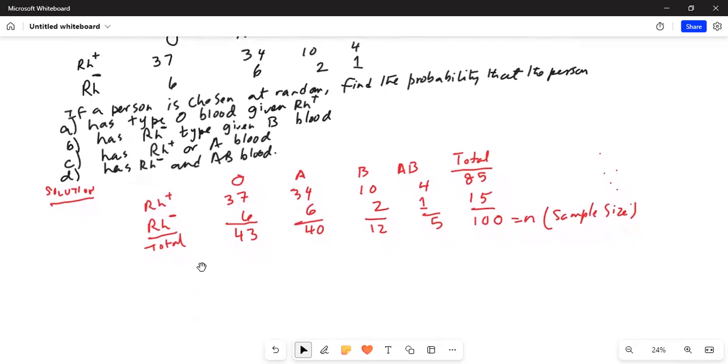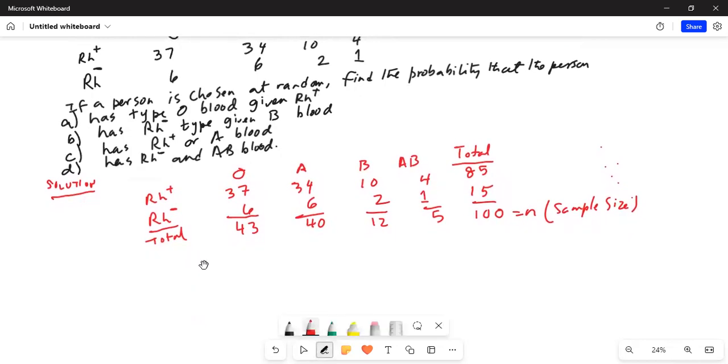The problem says if a person is chosen at random, find the probability that the person has type O blood given Rh plus. So part A, probability of type O blood given, this vertical line signifies given, Rh plus. That means out of the total of Rh plus, how many have O type of blood? Now we know the total of Rh plus, the total of the first row, is 85.